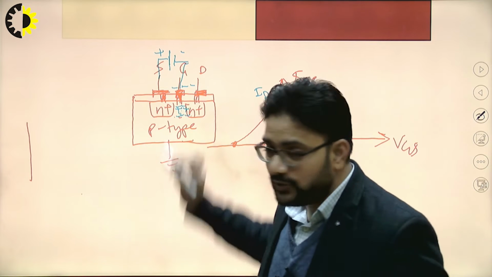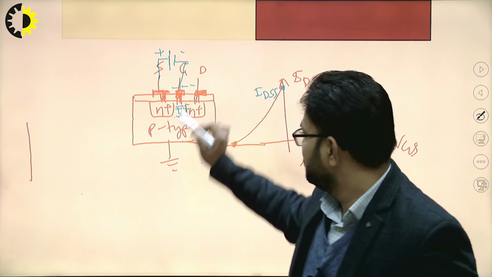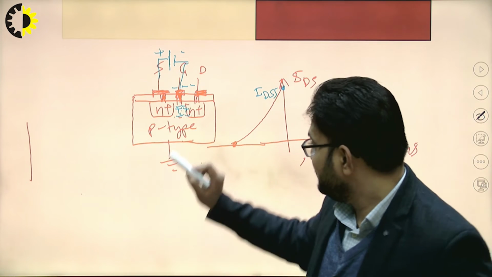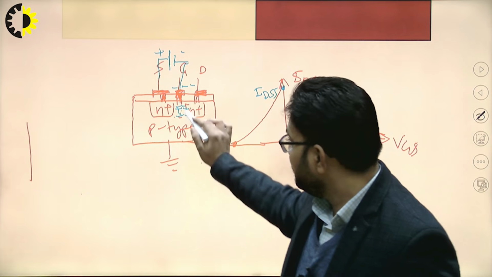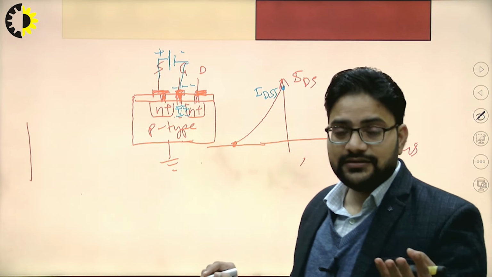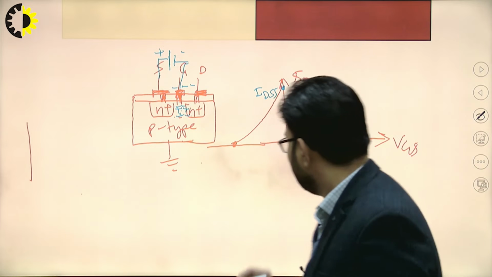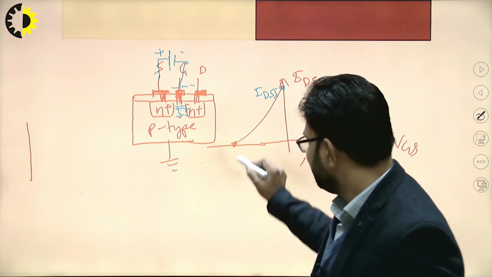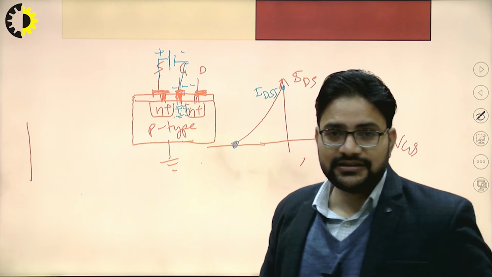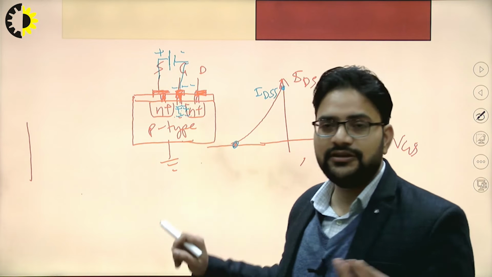Now, whenever the gate to source voltage is applied such that the negative terminal is connected to the gate terminal and the positive terminal is connected to the source, then the number of charge carriers will be reduced in the channel, so the drain current will reduce correspondingly. It will reduce like this, and a point will come when the channel will completely disappear, or you can say the charge carriers will not be there.